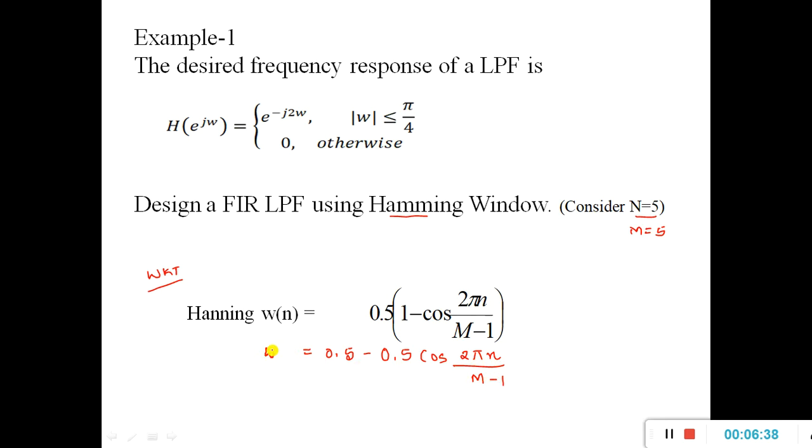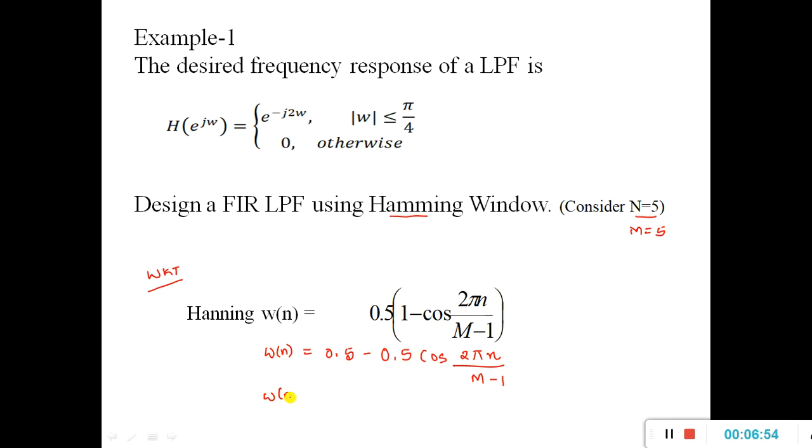So I need to calculate the Wn for this, for n equal to 0, n equal to 1, n equal to 3, and so on. So this I need to calculate and put it in one table.